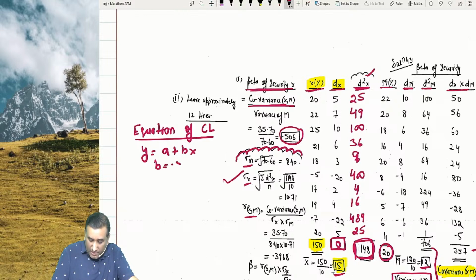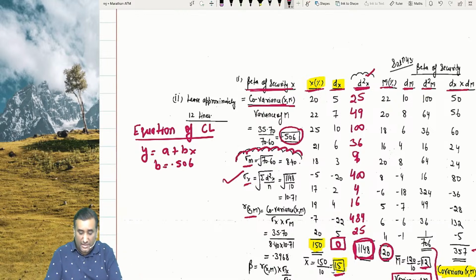Beta we calculated 0.506. Now y, and please remember, x is not a security here. Data x was security. If you want to put, you can put y is a security, x is a market, b is the beta coefficient, a is the standard straightforward number, that constant number.